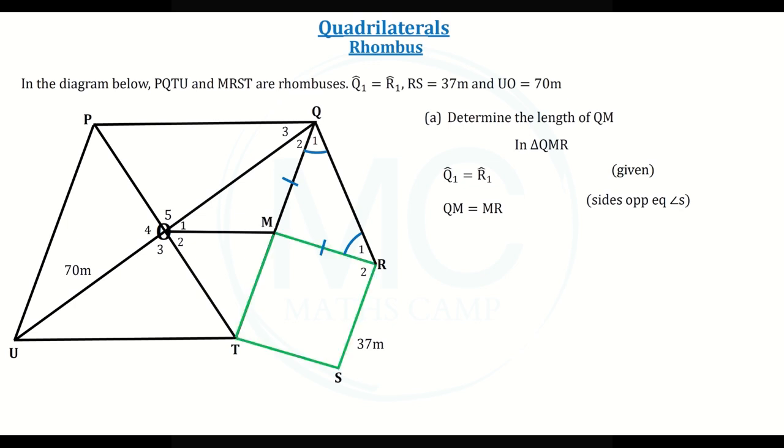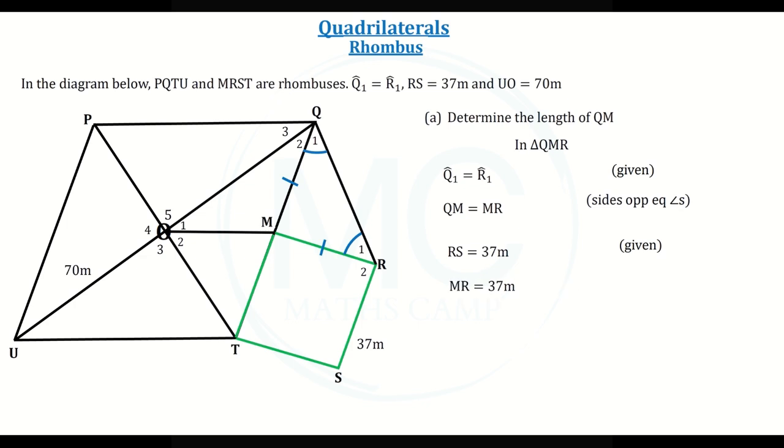We know that RS is 37 meters long, so let's make a note down here. We can say RS is equal to 37 meters. As our reason, we can say given. If RS is 37 meters long, then MR must also be 37 meters long.